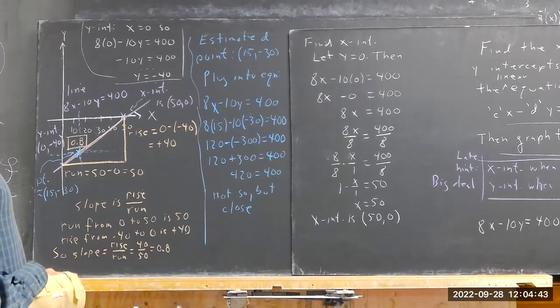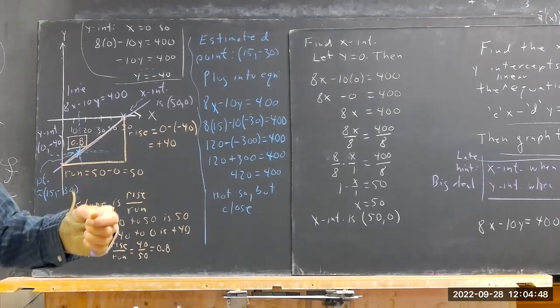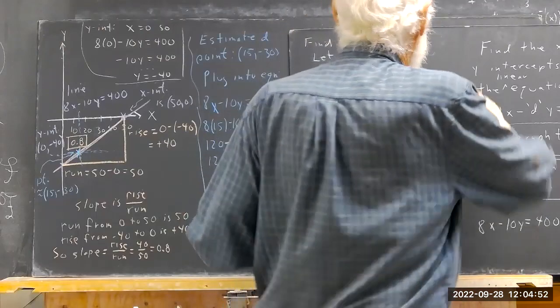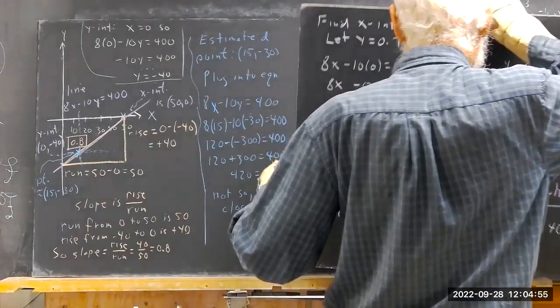Now, what I'm asking you to do is, where's the point on the graph where x equals 30? I'm going to ask you to find the point where x equals 30 and estimate its coordinates.